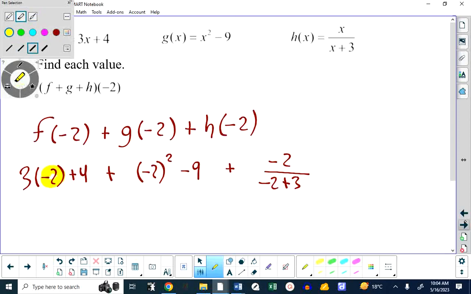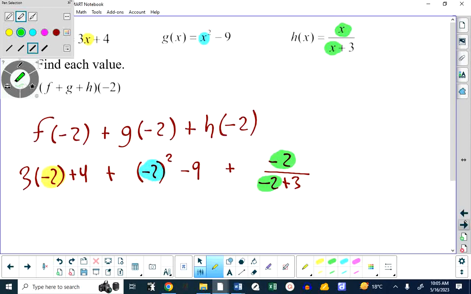I hope you're catching my drift here, that all I am doing is everywhere there is an x in those respective functions, I'm putting negative 2.